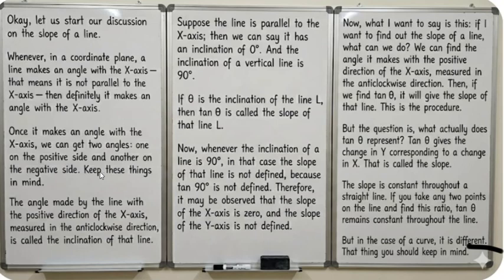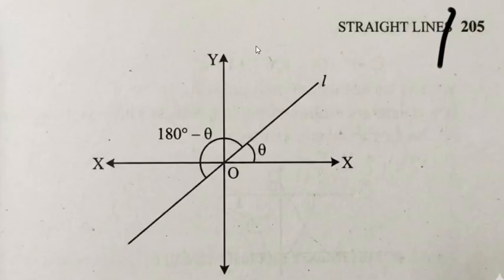The angle made by that line with the positive direction of the x-axis, measured in the anti-clockwise direction, is called the inclination of that line. Suppose we have a coordinate plane system.